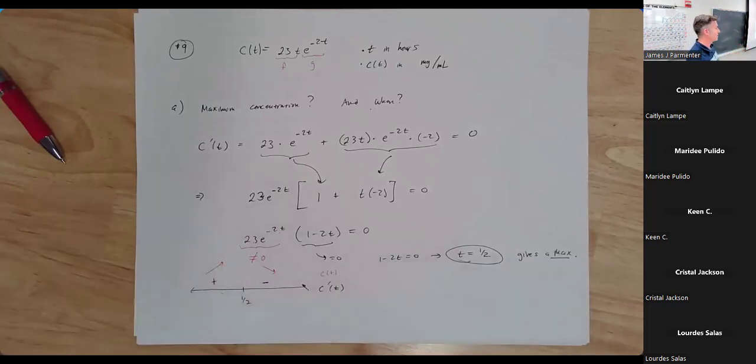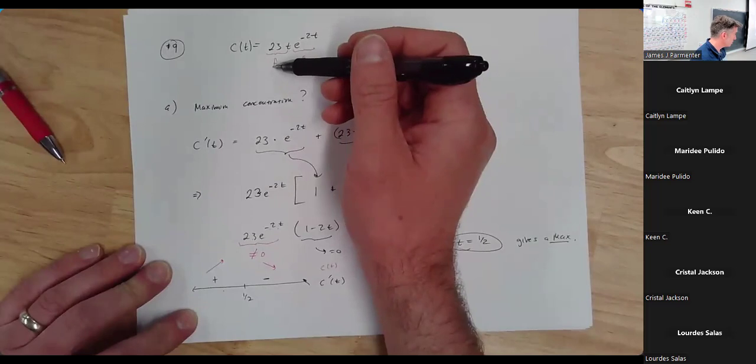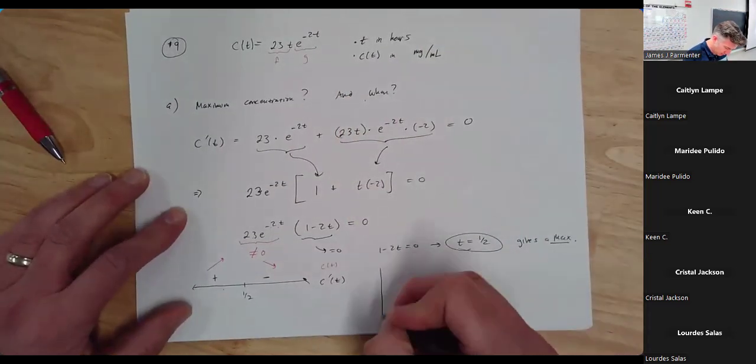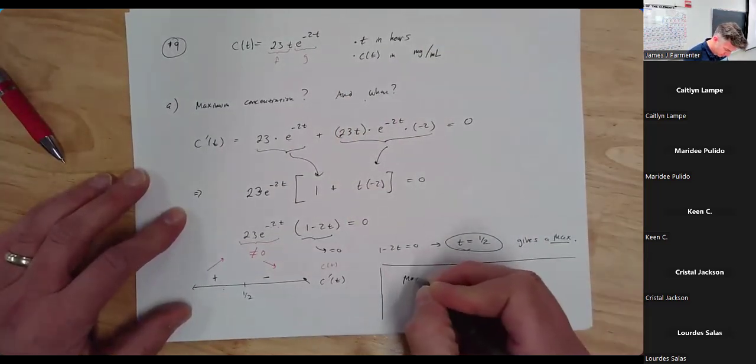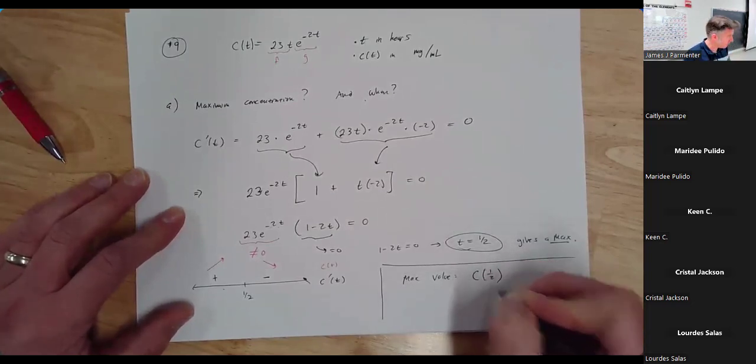What is the absolute maximum? Or how would I find it? I take my critical point that gives us a maximum and plug it back into the original function. So the actual maximum value is going to be c of 1/2.